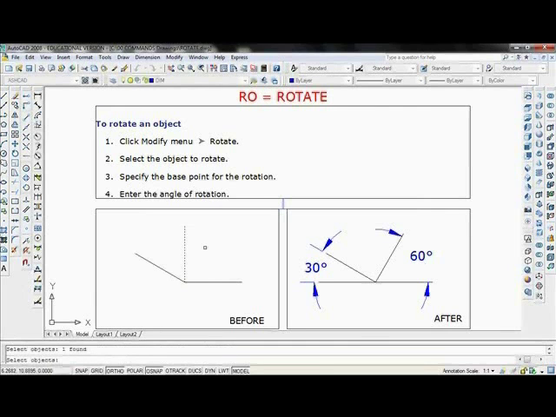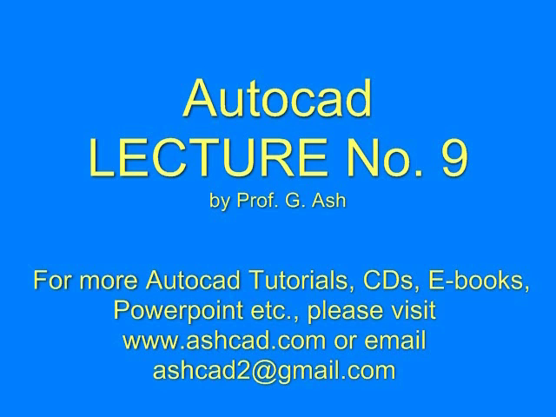This time I'll take this vertical line, enter. There's the base point, and I want to do -30 again. Then of course I would copy, CO, enter, this line in order to make the before and after the same. We'll learn about putting dimensions on later on. And that's that.